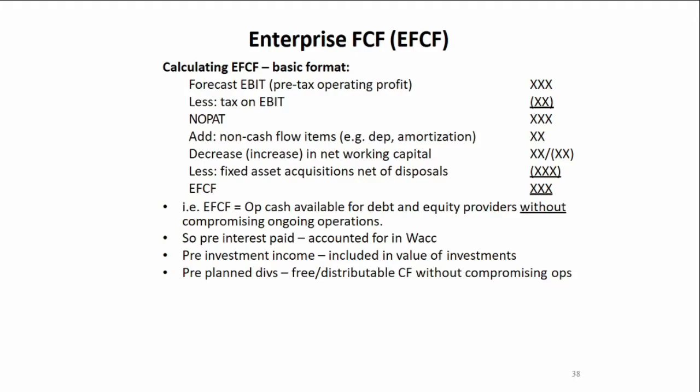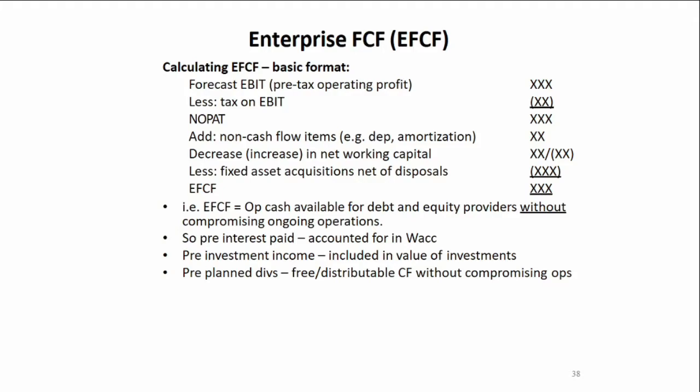The next item we need to adjust for is changes in our net working capital. When a company increases the working capital balance, this will result in a cash outflow. When a company has a decreasing net working capital balance between different periods, cash is being released into the company, and this will result in a cash inflow.